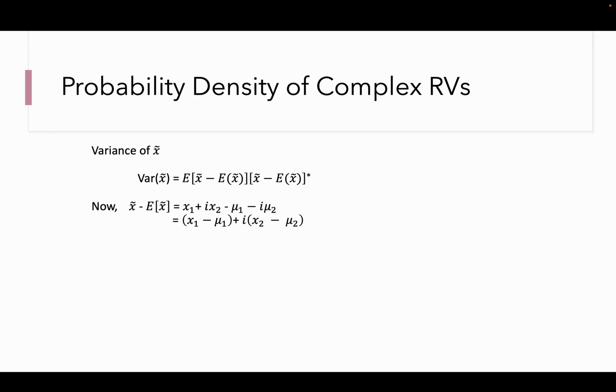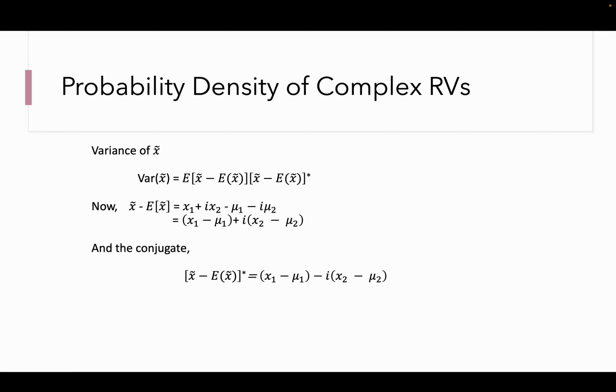So let's see how to compute x tilde minus expectation of x tilde, which is basically the random variable minus the mean of the random variable. Putting in the respective values of x tilde and expectation of x tilde, we get this expression rewritten as x1 minus mu1 plus i times x2 minus mu2, and the corresponding conjugate will be x1 minus mu1 minus i times x2 minus mu2.